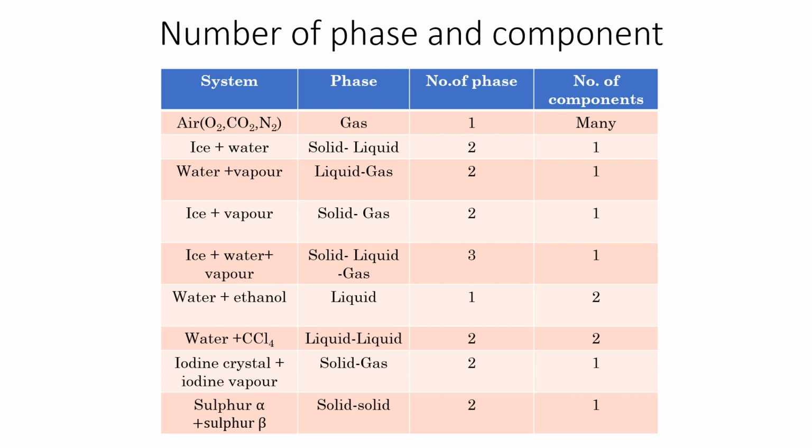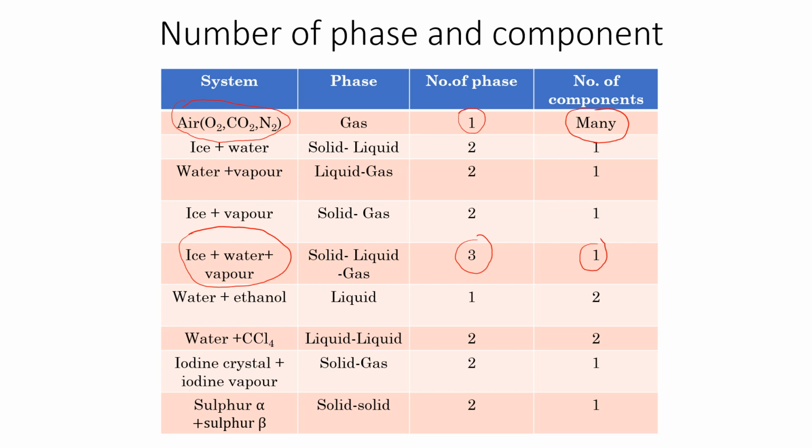Let's take a look at air here. We have oxygen, carbon dioxide, and nitrogen gas. So all of the gases are in the same phase, which is gas phase, but the components are many here. Let's say we have ice, water, and vapor. This is the same substance, so we have one component, but we have three phases.